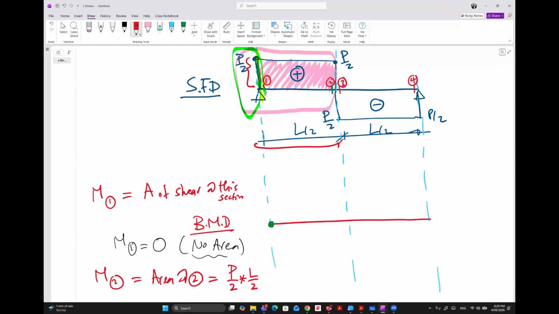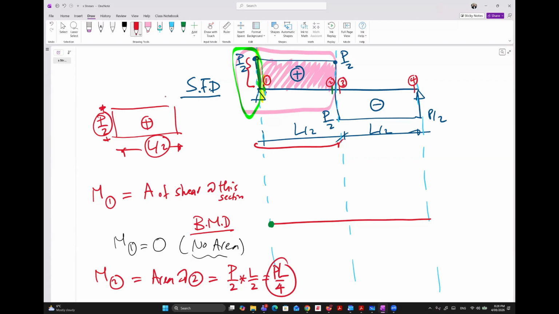So the rectangle is B over 2 by L over 2, and the sign is positive. Can you find the area of this part? This dimension multiplied by this dimension. Do you know now what the area is equal to? BL over 4. So the moment at section 2 is BL over 4.